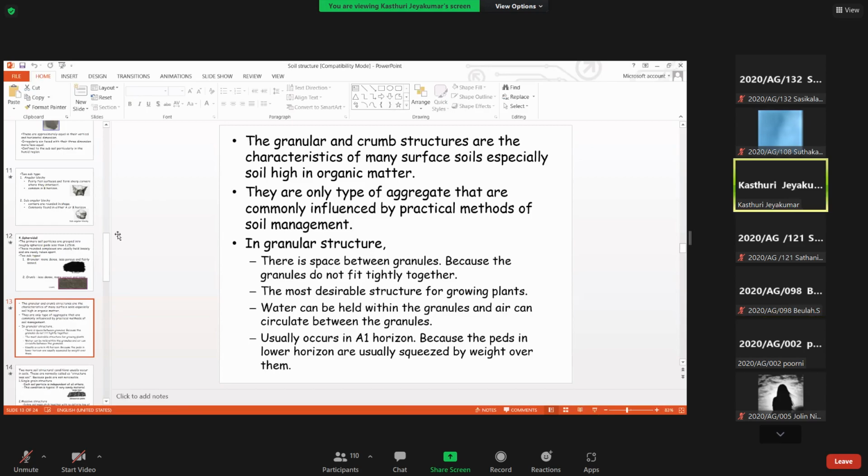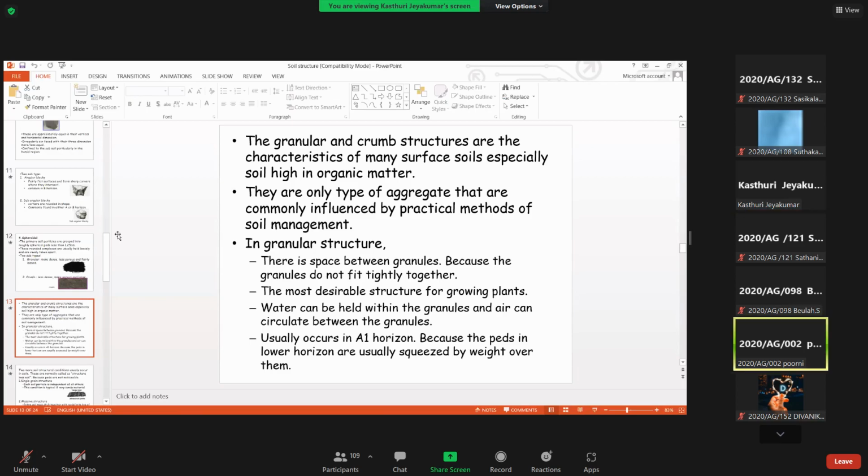So remember this one, the most desirable structure for agriculture, granular structure. Okay, and why? Because it is high in organic matters. Any other answer?